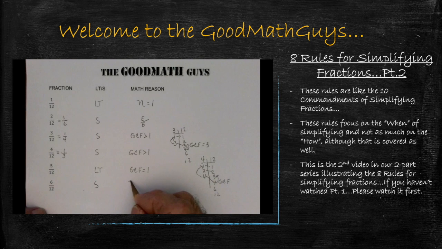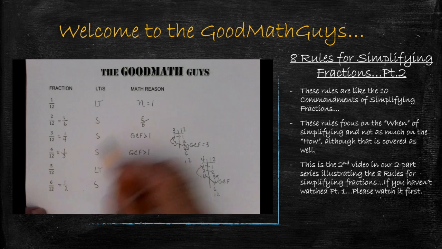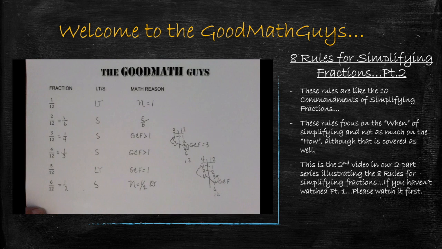Rule: n equals 1/2 d. And again, we like this rule because 1/2 is what the fraction simplifies to. 1/2 is lowest terms because n is equal to 1.